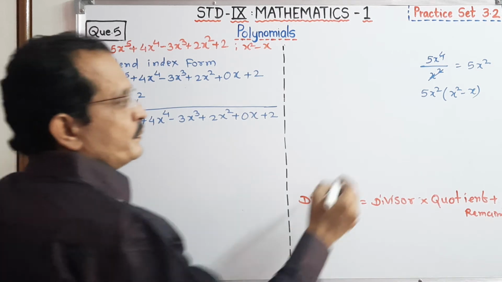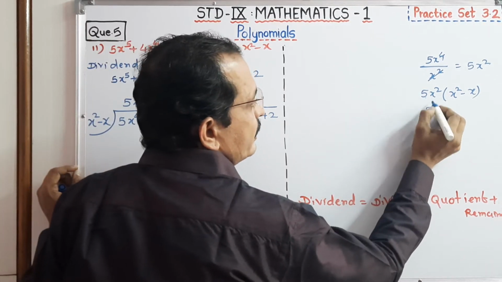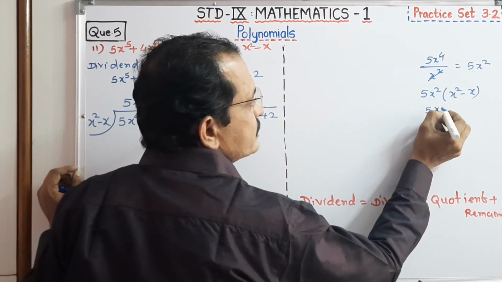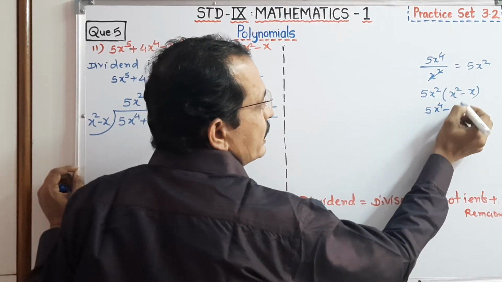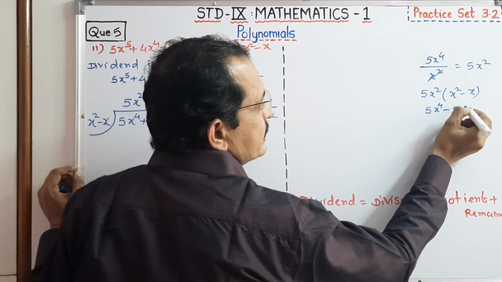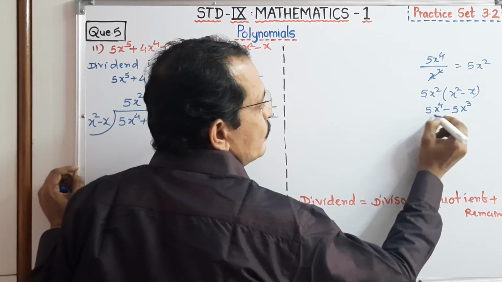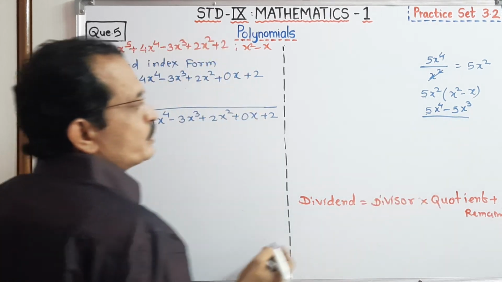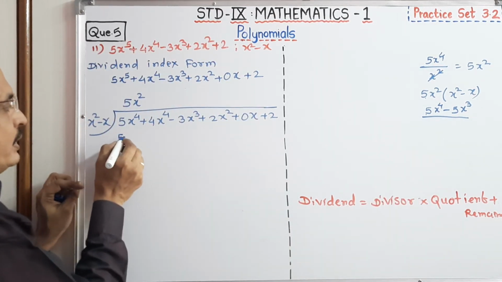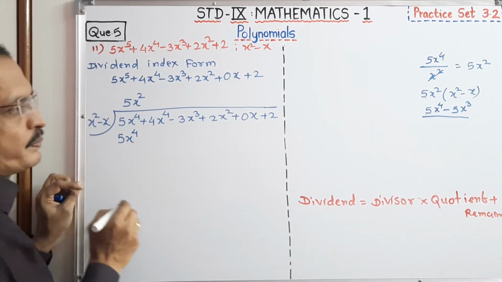Now see here, 5 into 1 is 5, x square into x square is x raised to 4, minus 5 into 1 is 5, x square into x is x cube.